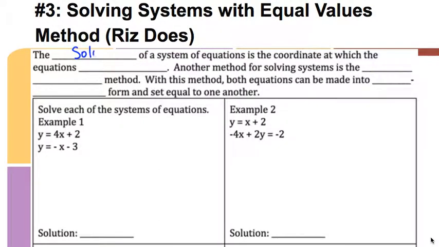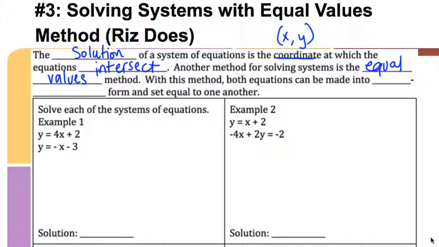The solution of a system of equations is the coordinate, again, x comma y, at which the equations intersect. So another method for solving systems is called the equal values method.